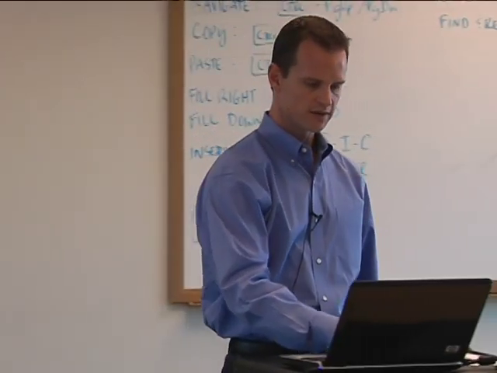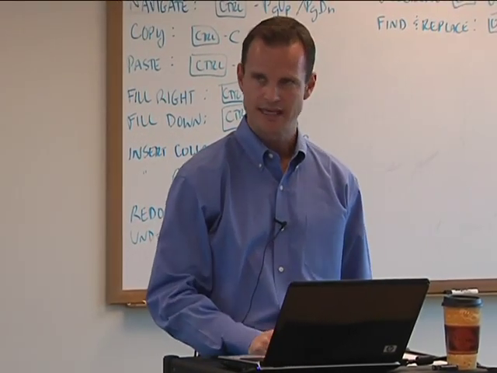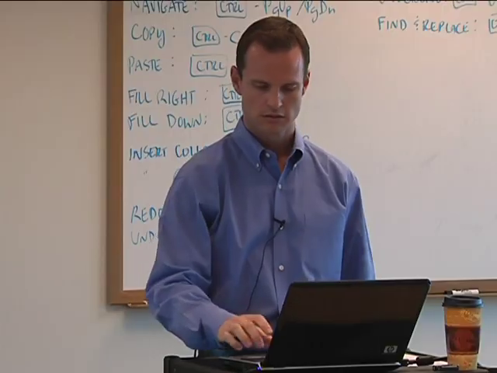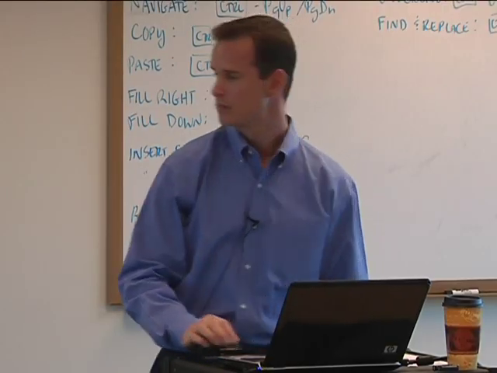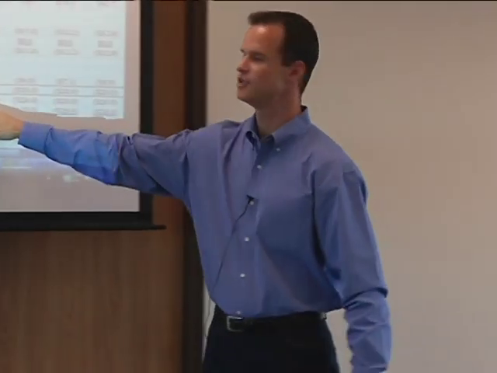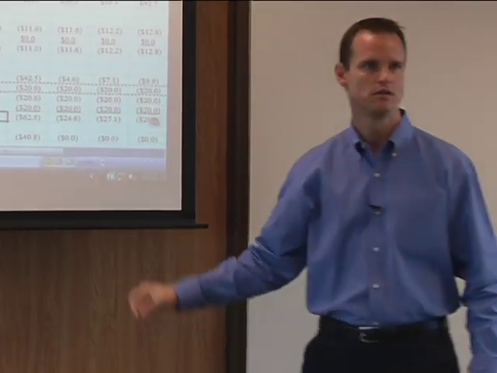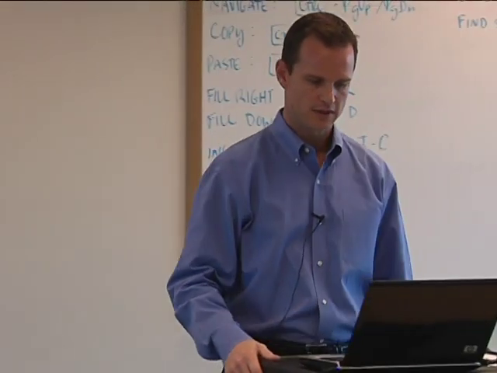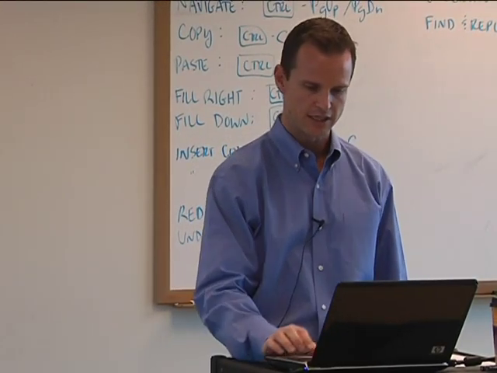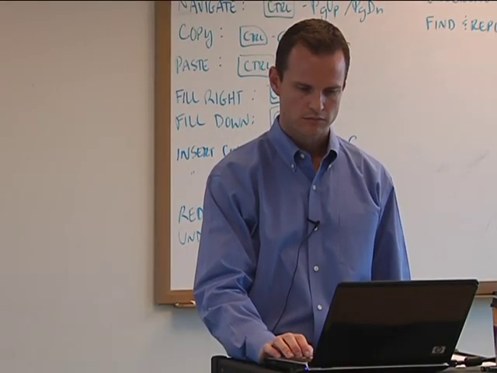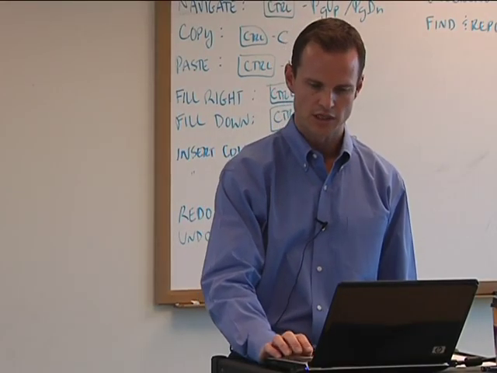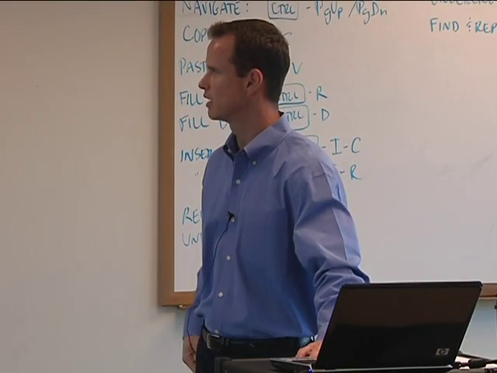We'll use an Alt-ESF, paste special formulas, because we want to preserve that underline in the change in unsecured debt line. So Alt-ESF to paste, F9 to recalc, and your numbers should update and they should look like what we have here.